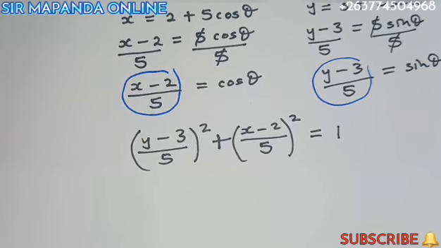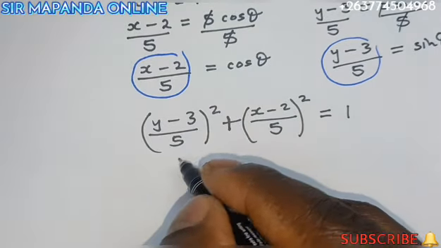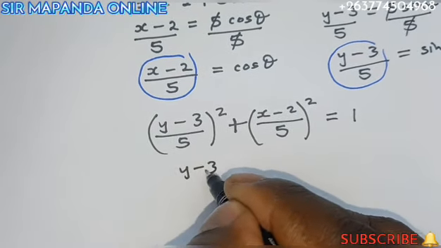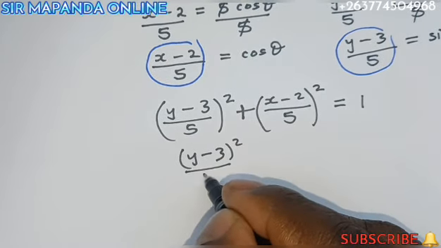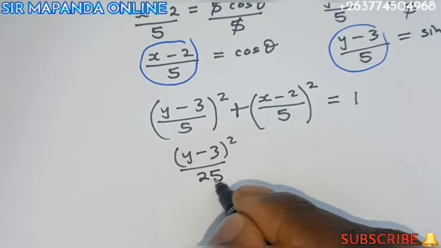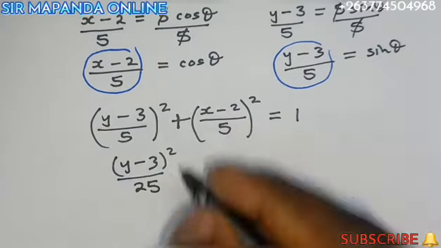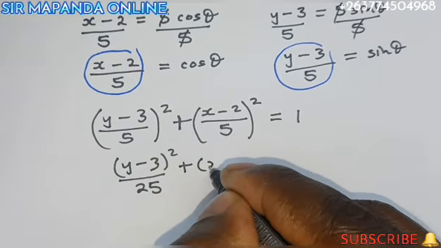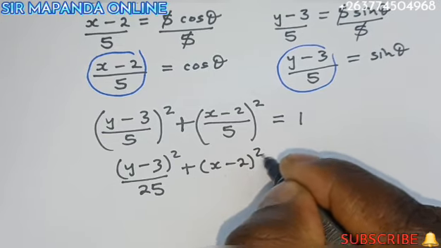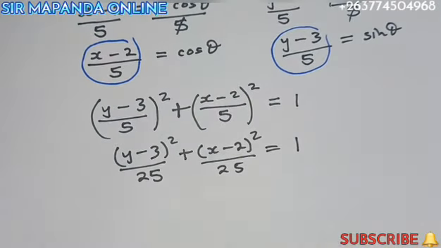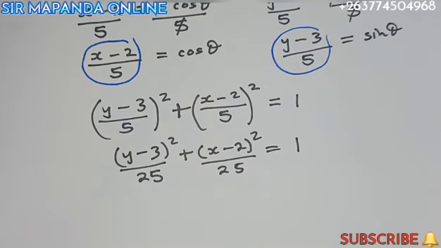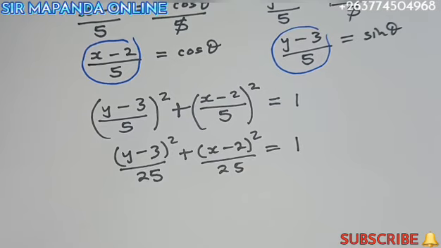I hope you are following. So the power 2 is going to affect both the numerator and the denominator. If you raise y minus 3 to the power of 2, you get y minus 3 squared divided by 5 to the power of 2, which gives you 25. Then here you get x minus 2 squared divided by 25 is equal to 1. Taking 25 as our LCM, we are going to multiply each and every term both sides by 25.